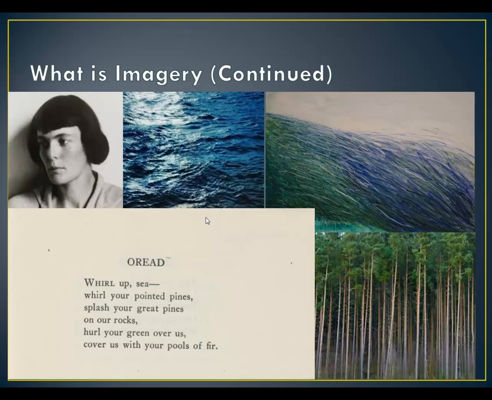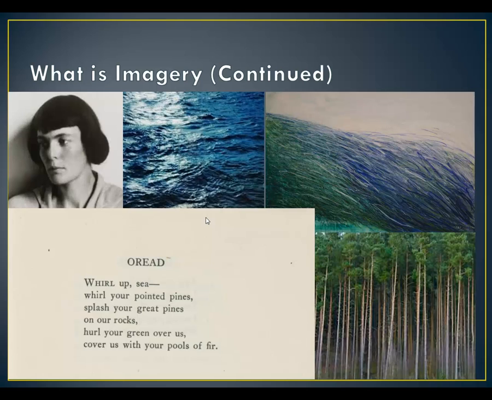So let's look at what Oread is. And just so you know, when these poets were writing about Imagism, they were all, both Ezra Pound and H.D., studying Greek literature. They were studying how Greek poets wrote. And one way that Greek poets wrote is they would assume the reader of a poem would immediately think of all the connotations surrounding a word when they read it.